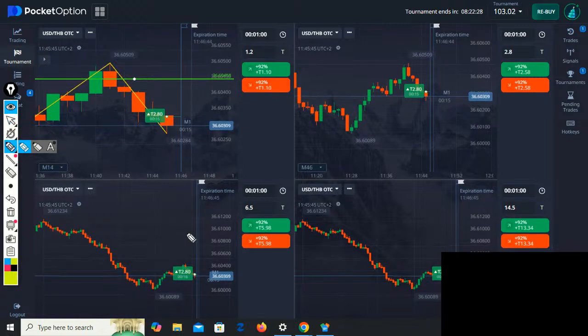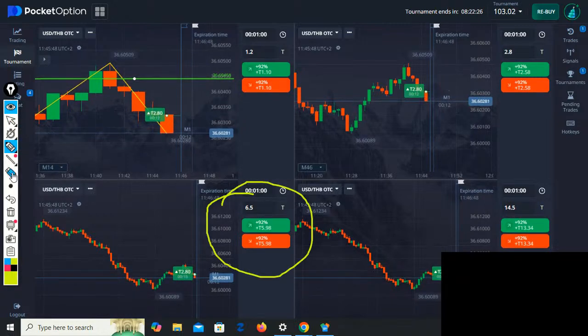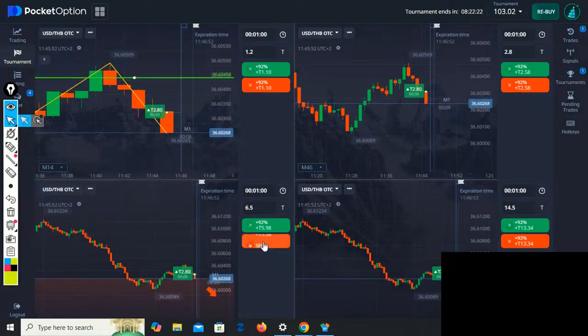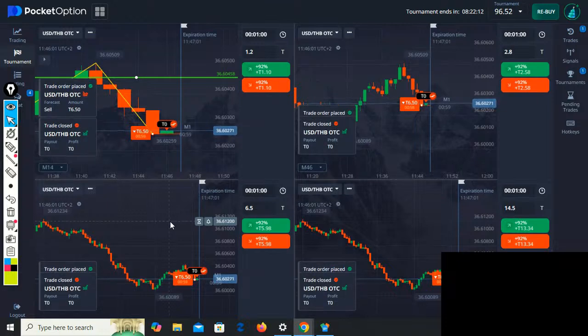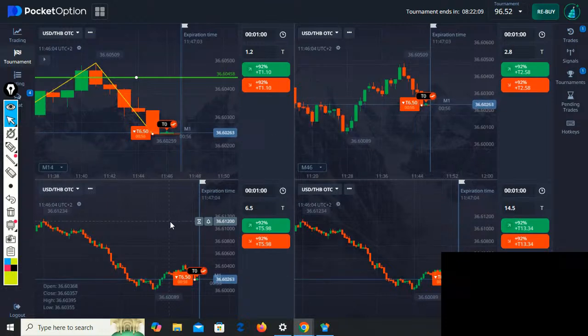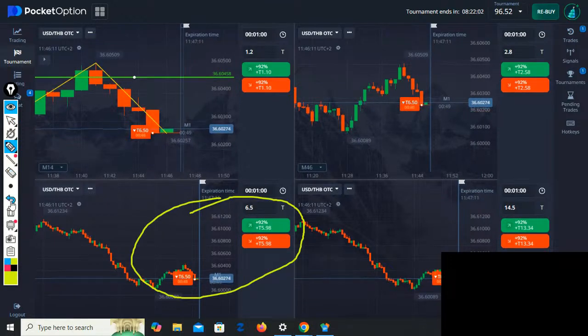Now, if we lose this one, we'll go over here for a sell. It's gonna be a loss. 2-1, go for a sell. So now we are at this stage, third trade of the cycle.